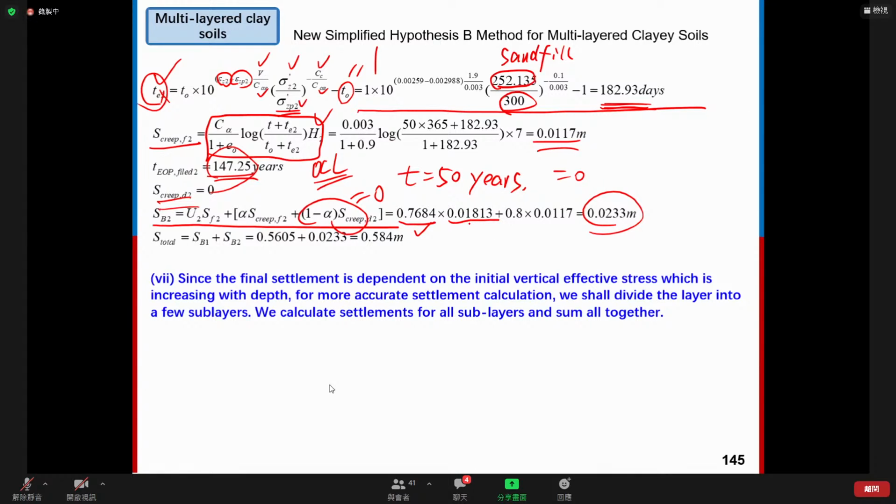S final we already have, and the 0.8 multiplies S final here, already calculated here, right? So we just sum up two layers together to get the final settlement, to calculate the final settlement.